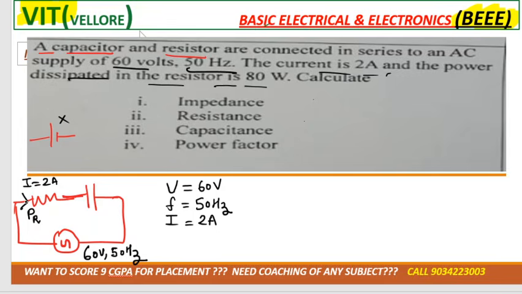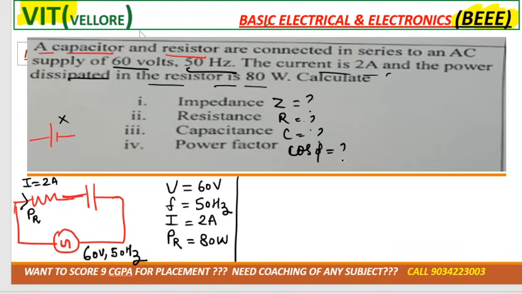It's across the resistor only, it's not the whole power. Now you need to calculate impedance, resistance, capacitance, and power factor, which as you already know is cos phi.